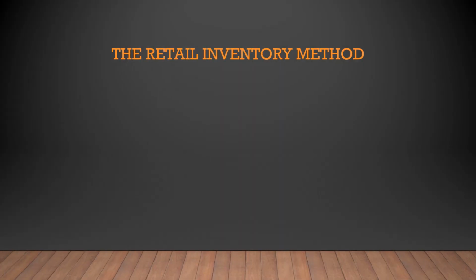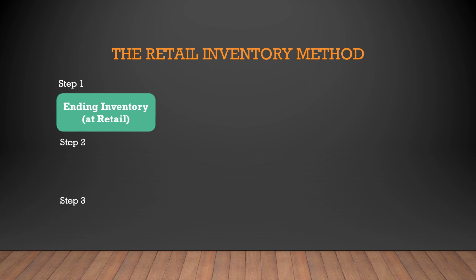The first method I'll cover is the retail inventory method. This method is a fairly simple one that can be completed in a three-step process. Step 1 is to calculate ending inventory in terms of retail dollars. Keep in mind that we're trying to determine ending inventory at cost.